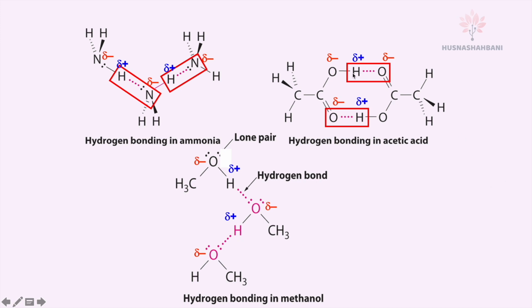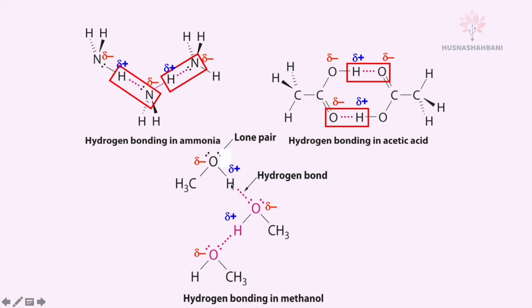In acetic acid, hydrogen bonded to O, hydrogen bond exists between that hydrogen with oxygen which has lone pair electron. Same goes to this one. And in methanol, hydrogen bonded to oxygen.